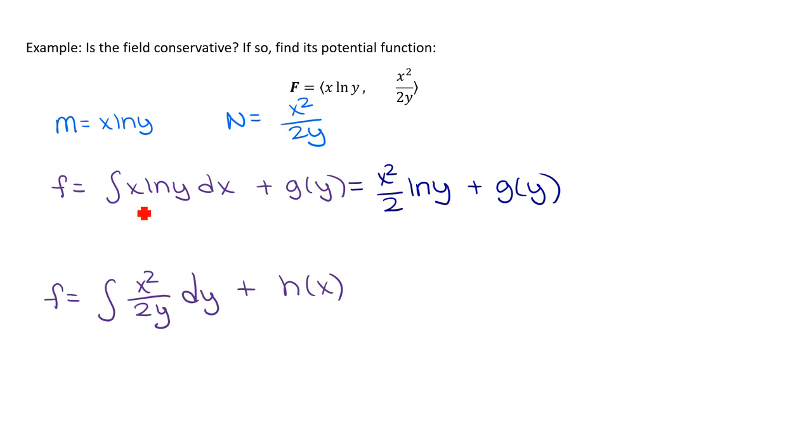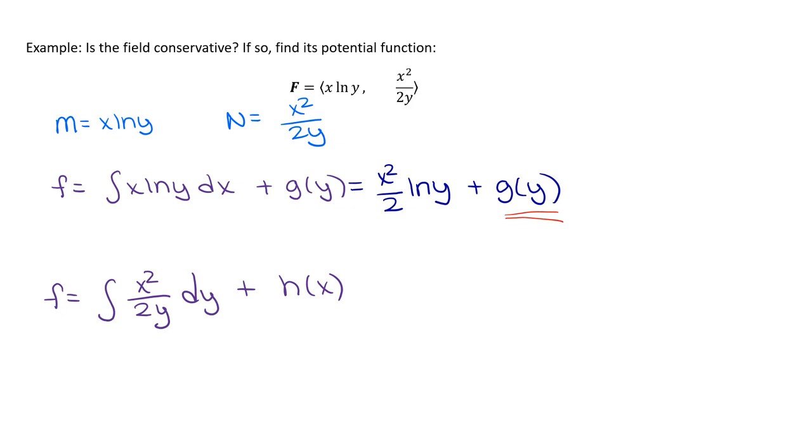All right, so we are going to integrate x ln y with respect to x. And I get x squared over 2 ln y. And then I'm just going to jot down we might have additional terms that have y's in them. I move to my second integral, and if I do have additional terms with y's in them, they will appear here.